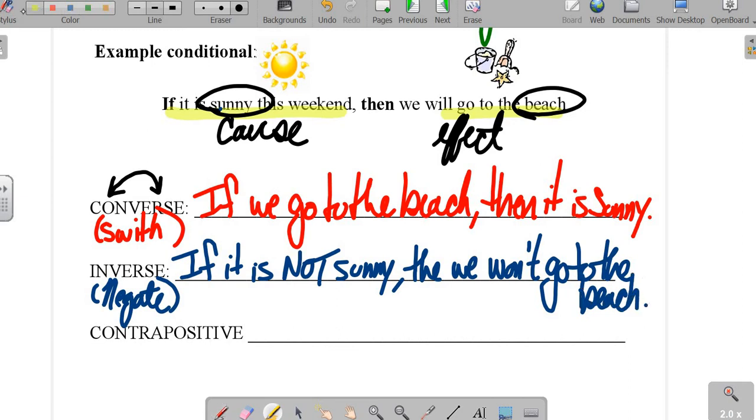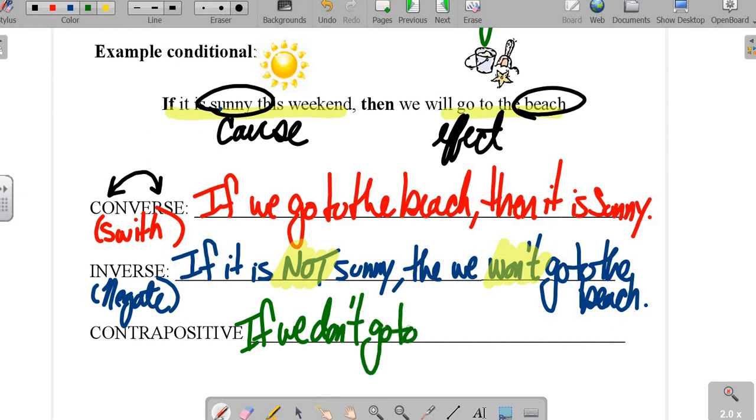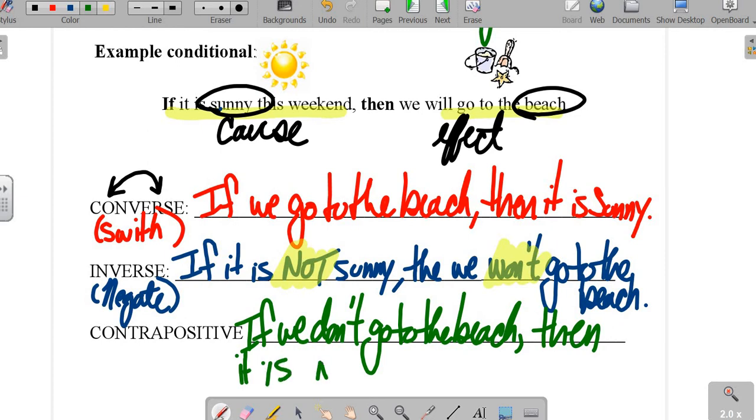The original order was sunny and beach, and we simply negated or said the opposite of. Contrapositive, you do both. You switch and negate. So if we don't go to the beach, then it is not sunny.